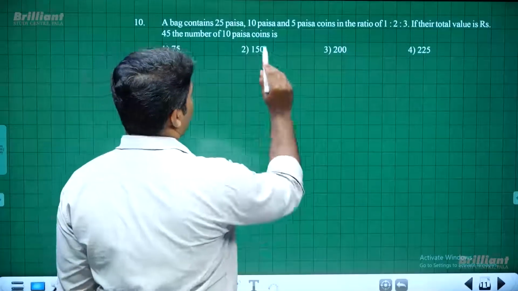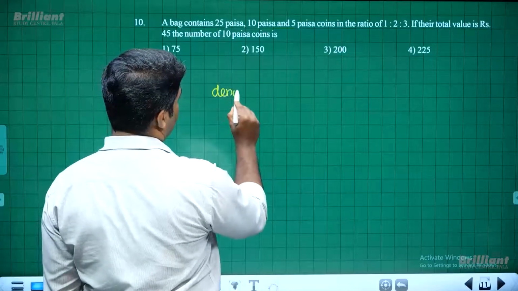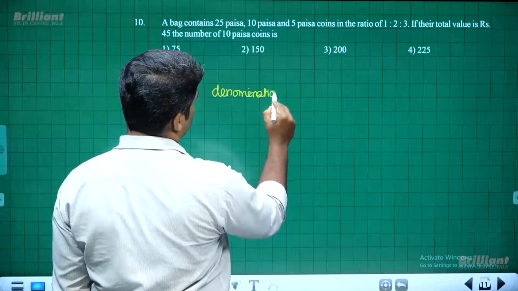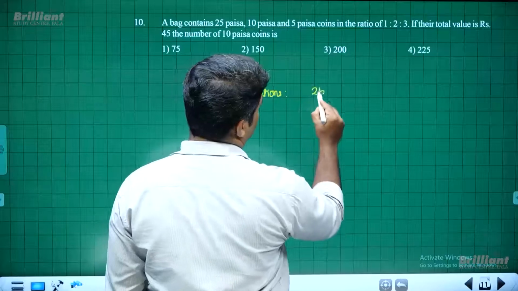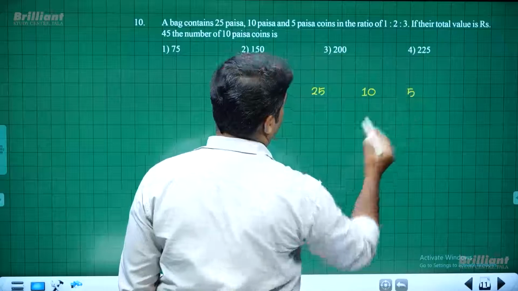First of all, we consider the coin denominations. Here the prices are 25 paise, 10 paise and 5 paise.